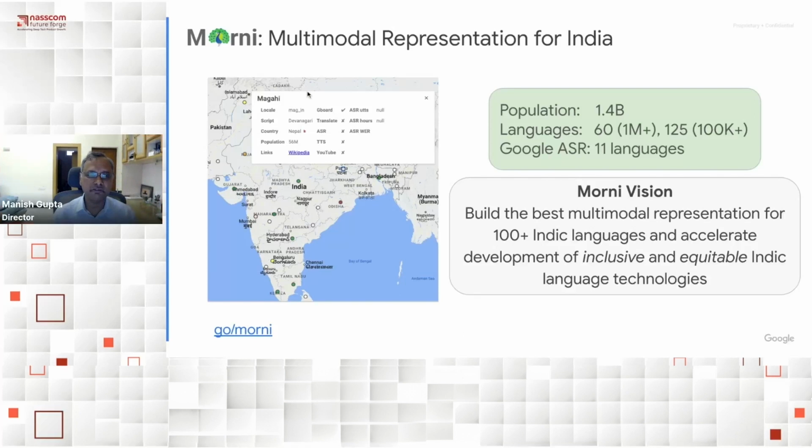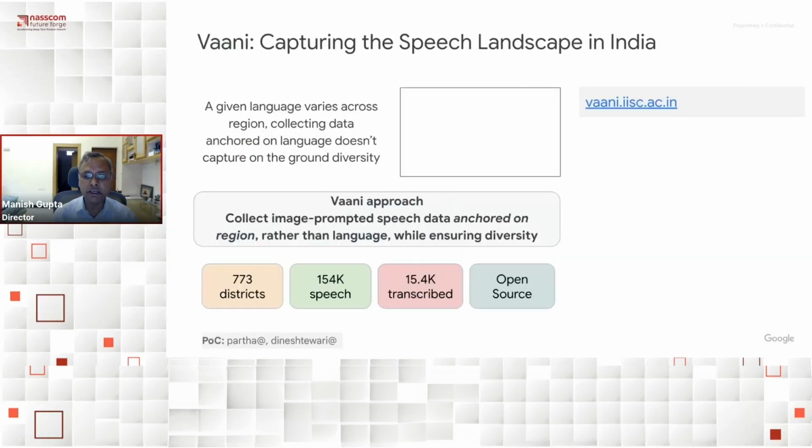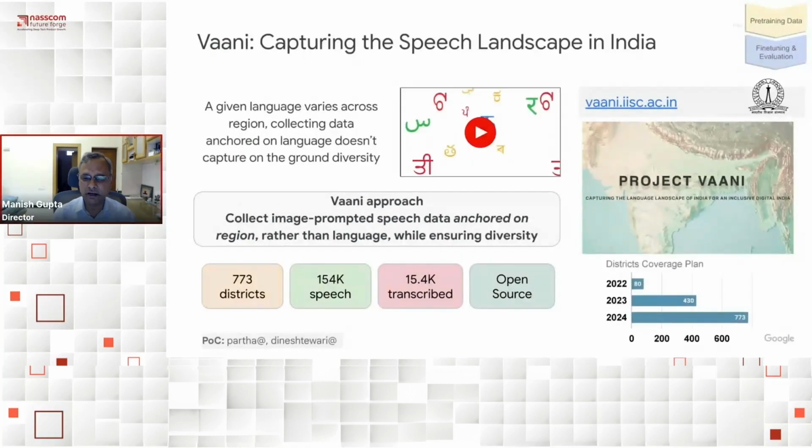So that led to this effort called Morni, which is an attempt to build the best multimodal representations for over 100 Indian languages. And one of the issues we recognized as part of that challenge is that in India, there's a saying, "Kos kos pe badle pani, char kos par vani," that every few kilometers, the language we are speaking actually changes.